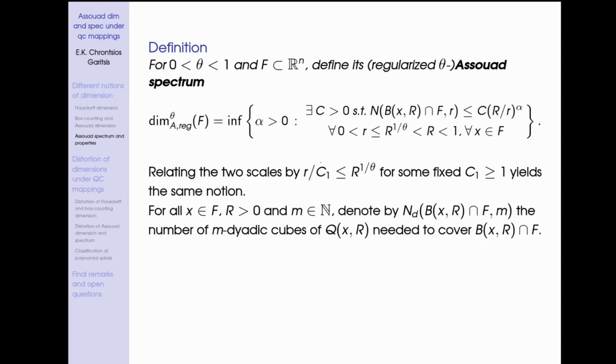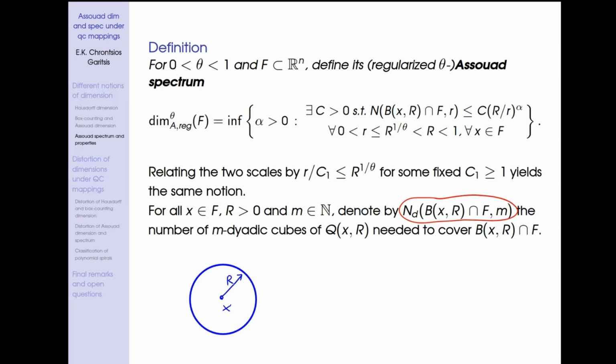And as I mentioned for the box dimension, now we can replace this covering number by the covering number relating to the dyadic cubes. And let me make this more specific now. We pick a point on our set, X, and we have a ball centered at that point of radius R. What can we use instead of the smallest number of sets of diameter at most R?